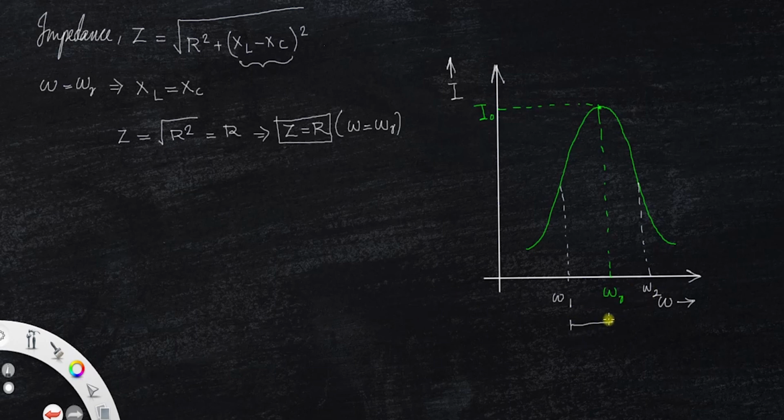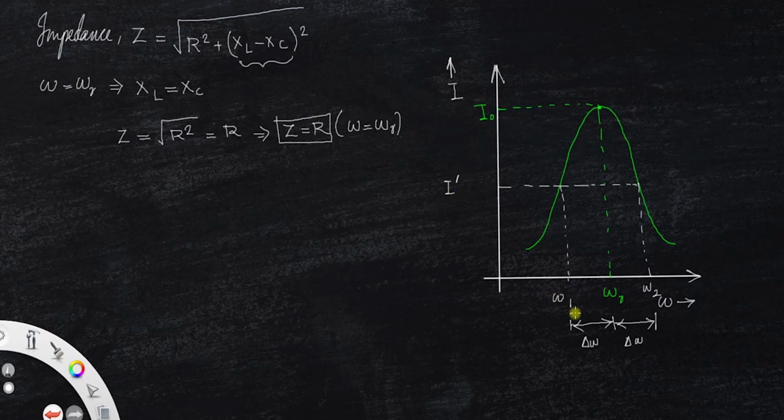That is, this length I can call delta omega, and this length remains the same, delta omega itself. That is, omega 1 and omega 2 are equidistant from omega r. Clear? Since this graph is symmetric, both these values omega 1 and omega 2 give the same current. Let's write it as I dash.